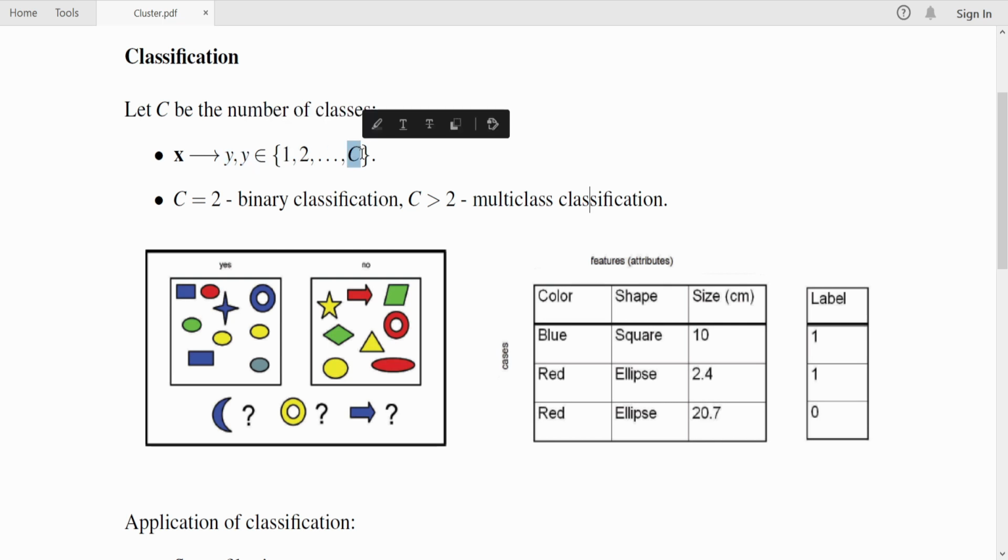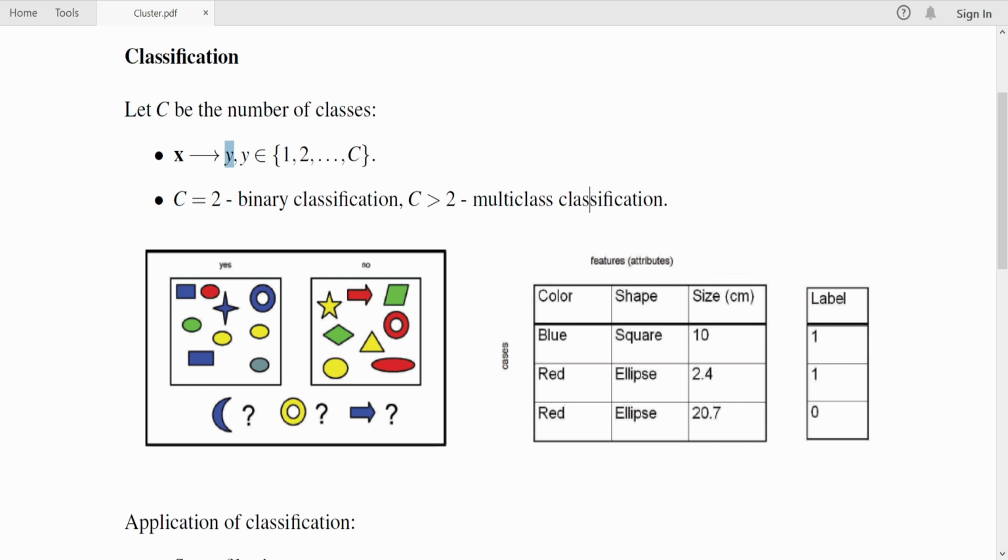So if we have C classes, then we can map each observation to our class. What we are basically finding is some kind of rule to classify our observations into those classes. So we are finding some function rule. When we collect a new observation, we apply that function or rule and find in which class that new observation is going to be.